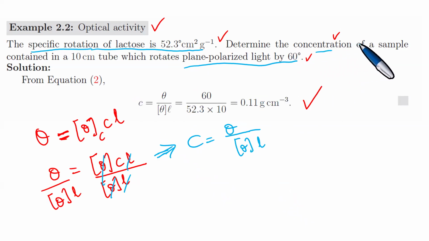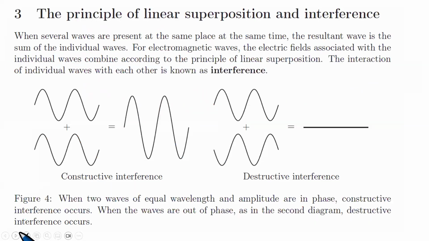We did determine the concentration of a sample contained in a 10 centimeter tube. The 10 centimeter tube is the path length, and therefore you divide everything and are able to get the answer, which is 0.11 grams per cubic centimeter.